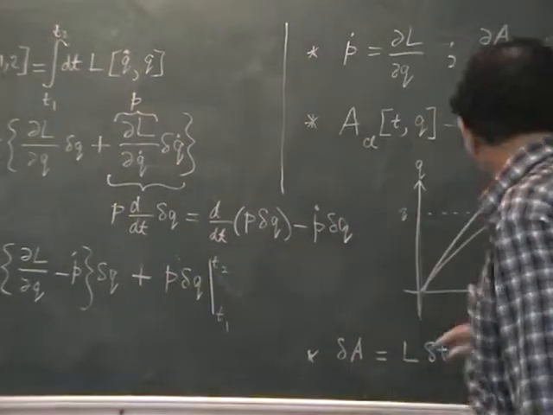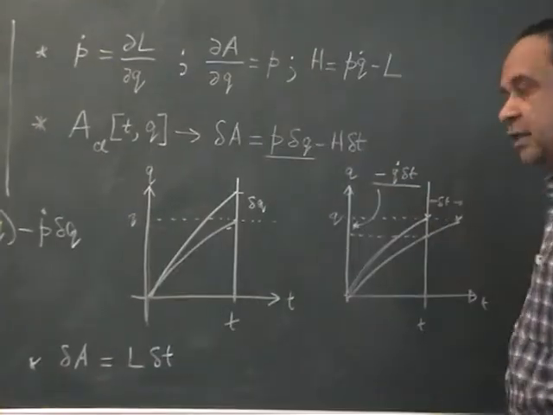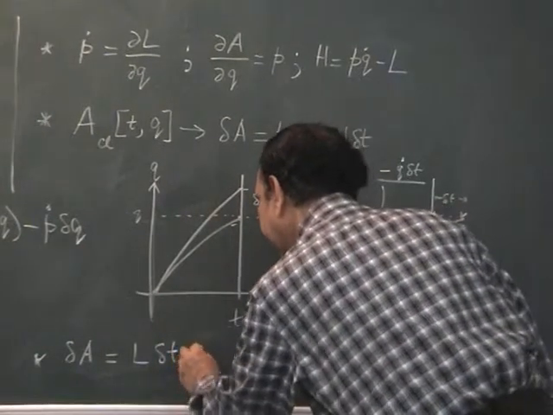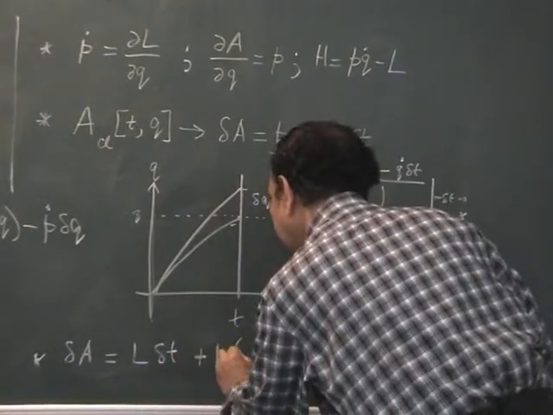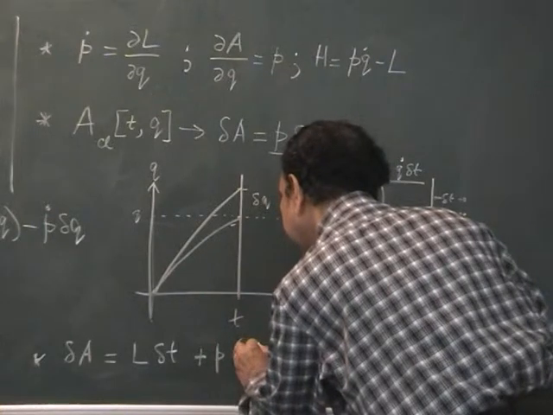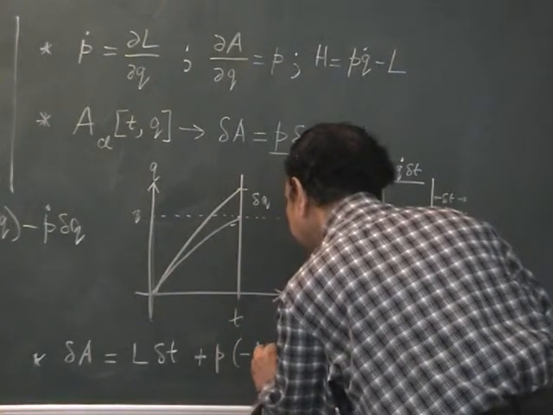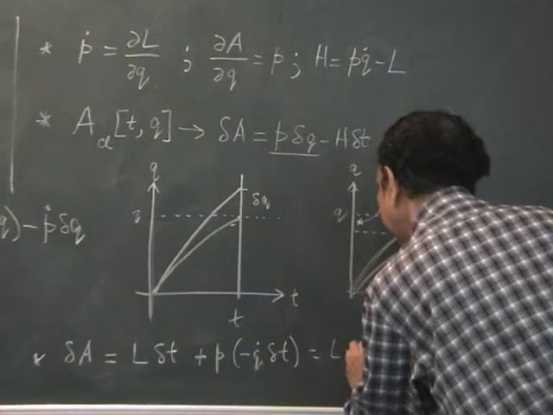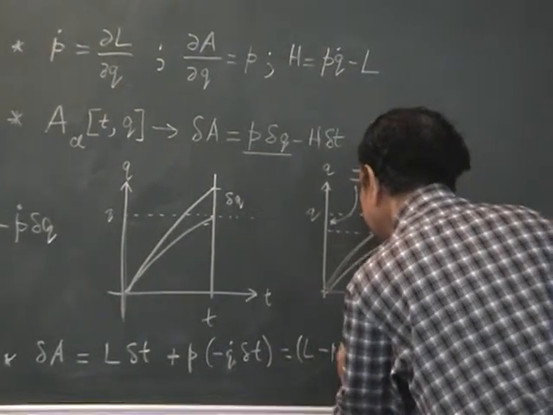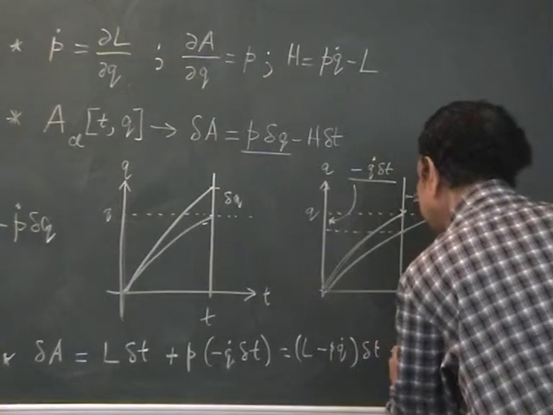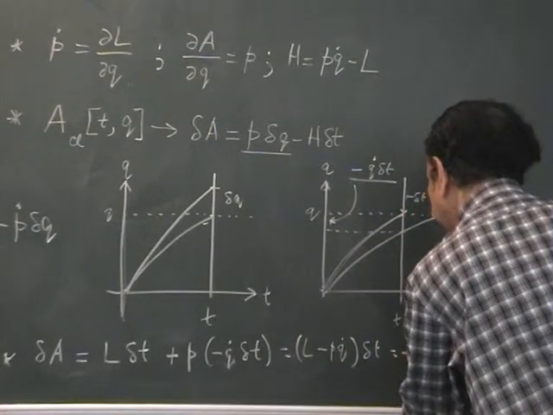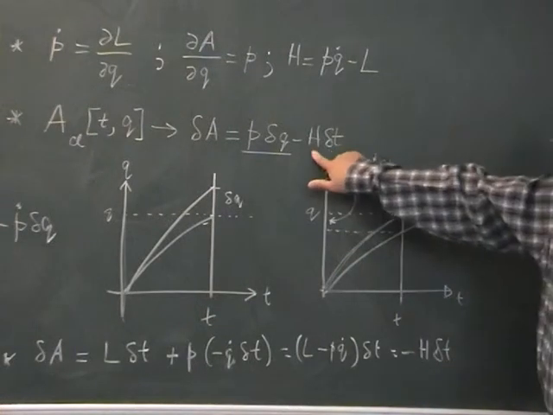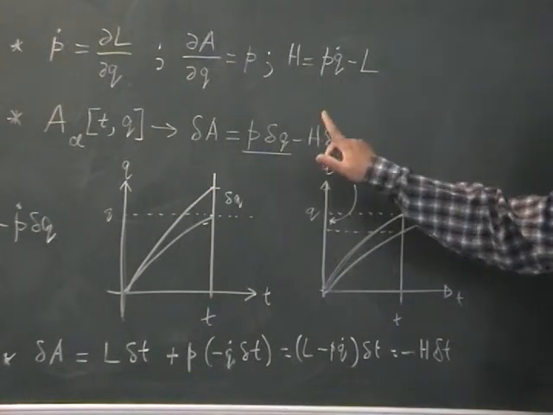But this delta q is this delta q here, which is minus q dot delta t. So you get from that p times minus q dot delta t. This is going to be L minus p q dot, times delta t, which is minus H delta t. Okay? This is why you pick up H here and not here.